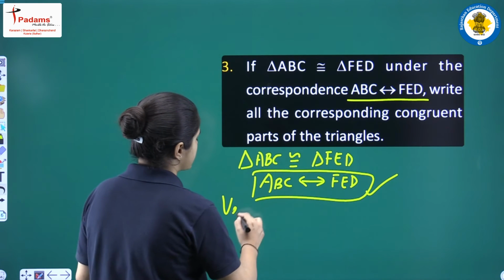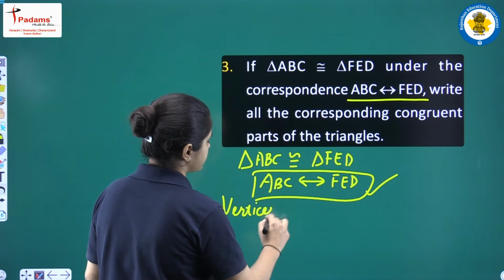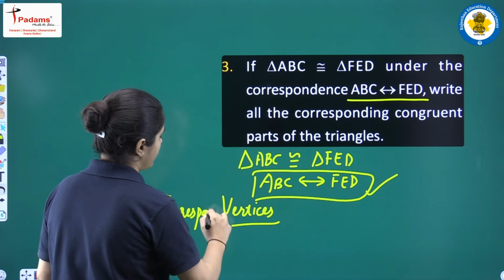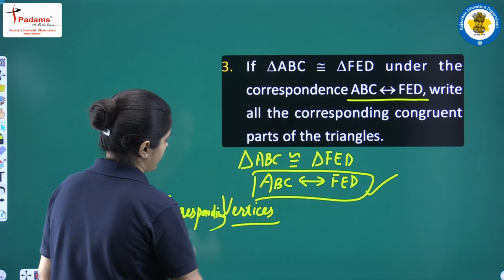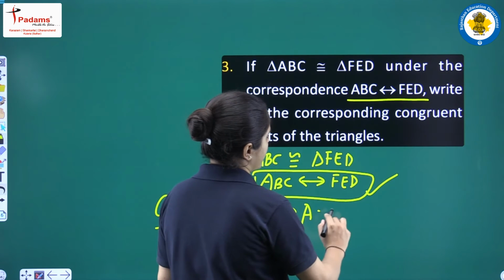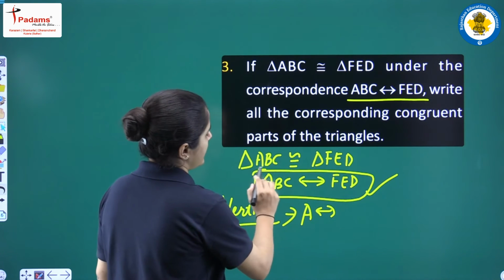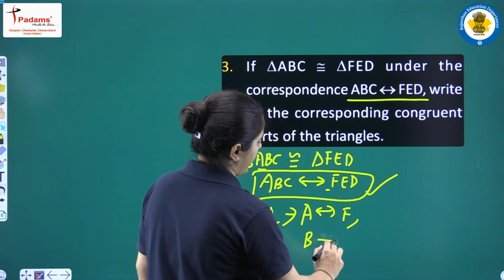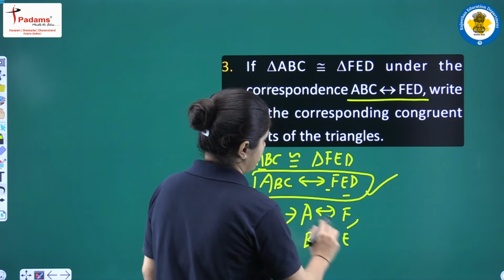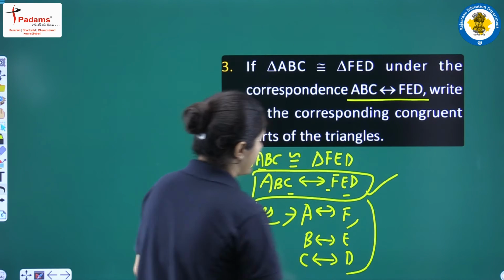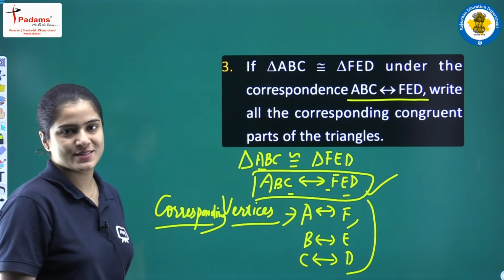We have to write all the corresponding parts of the triangle, starting with the vertices, students. So firstly we'll be discussing the vertices. What will we write? Corresponding vertices. A and F, B and E, C and D. Alright, these are corresponding vertices, students.